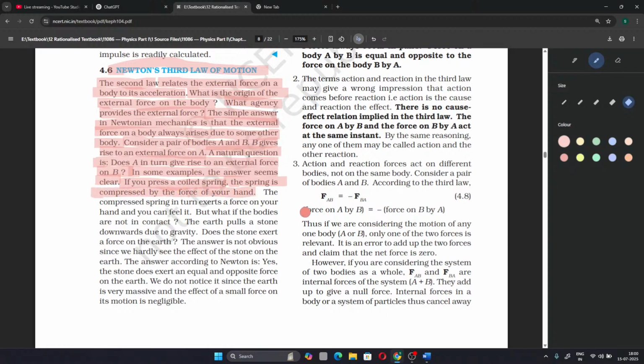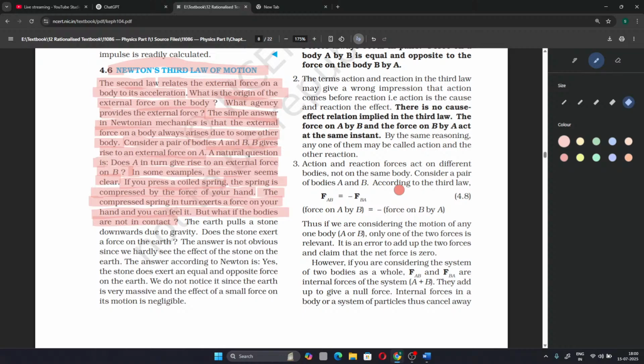When you compress the spring, the compressed spring in turn exerts a force on your hand and you can feel it. But what if the bodies are not in contact? The first example is compressing a spring. Of course you can feel that the spring is also pushing on you. The spring is resisting the change.